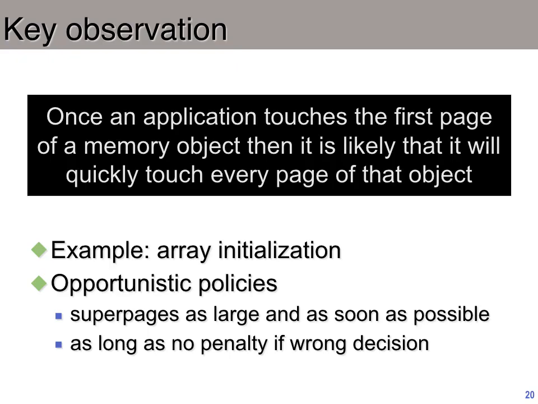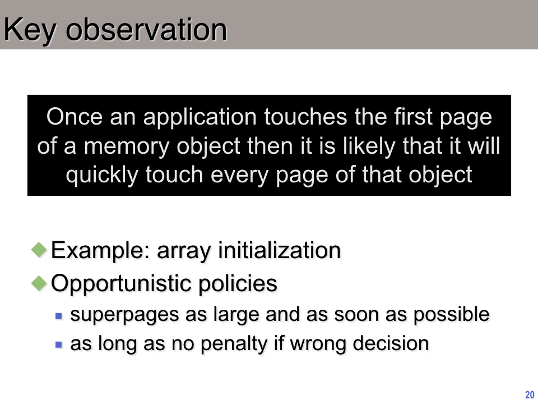So next we are going to look at the solutions that these authors propose to these problems. Their key observation is that if you want to provide superpage support transparently, then you have to somehow guess what is the superpage size that an application needs. And in this particular case, the rule of thumb that they use is that they're going to take hints from what the application is doing.